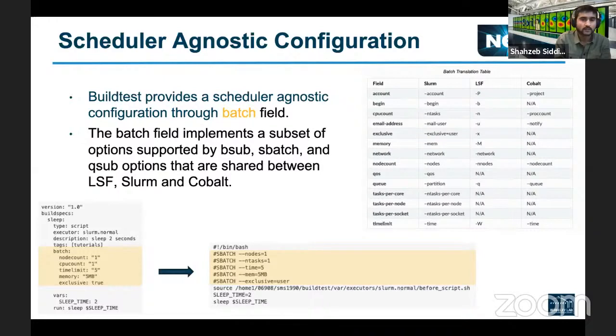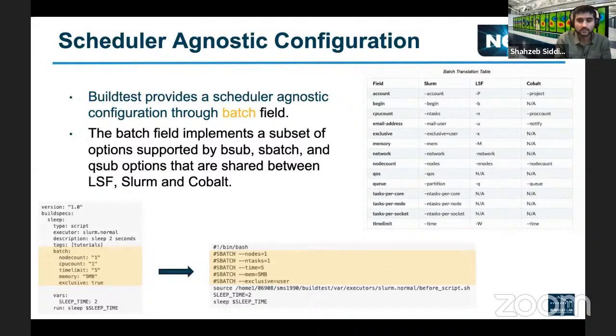If you don't want to know the inner details of the scheduler, like the options itself, the batch property provides a set of fields that map to different schedulers, and the goal was to provide an interface between different schedulers in terms of the options. And we only implement features that are common between schedulers.